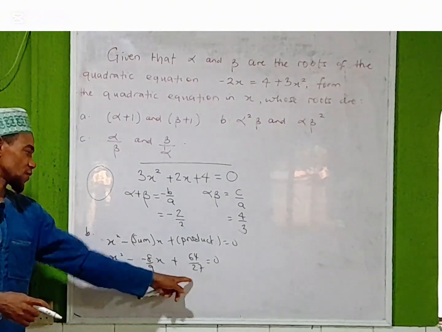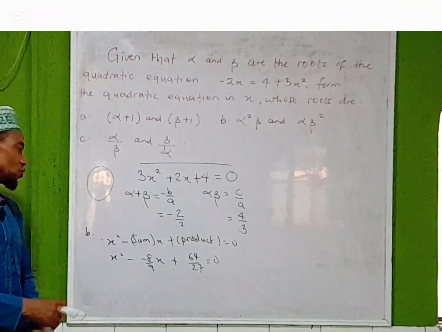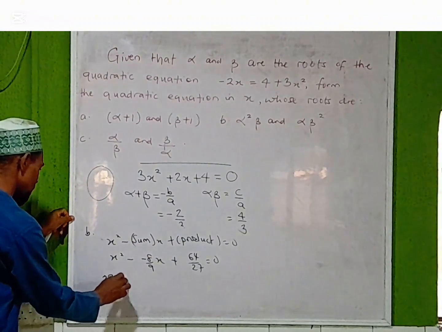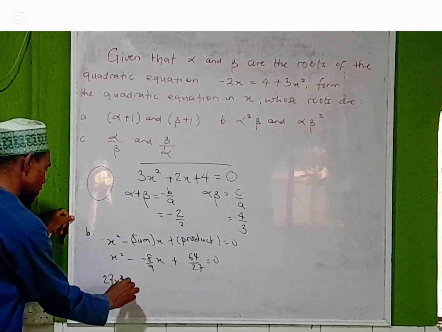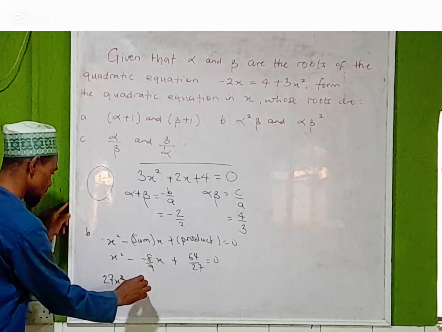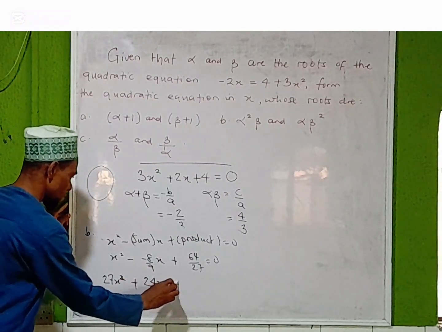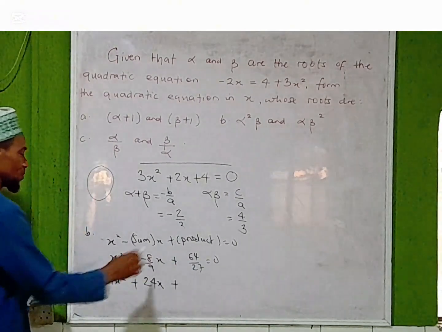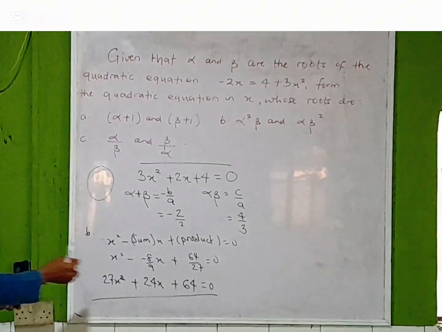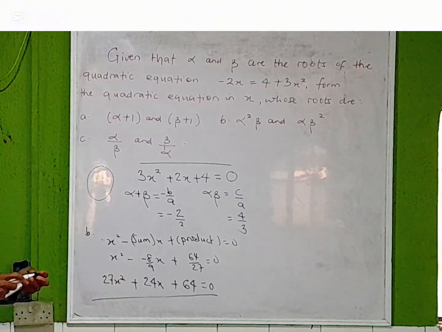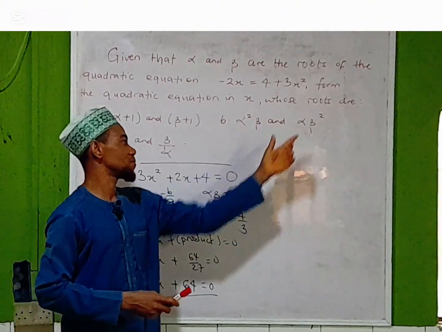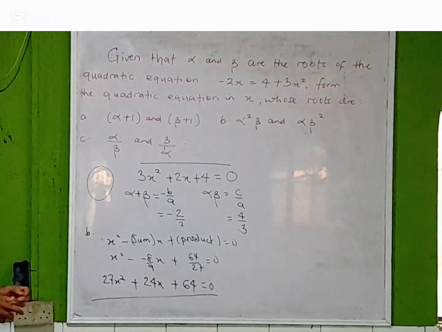The LCM being 27. The LCM of 9 and 27 is still 27. Multiplying through by 27, I'm going to have 27x squared. Of course, remember, minus times minus here is plus. So 9 in 27, that will be 3 times 8, 24x plus 27 in 27 is 1 times 64, 64 equals 0. And that is the new quadratic equation to be formed, given the roots alpha squared beta and alpha beta squared. It's quite straightforward, really.